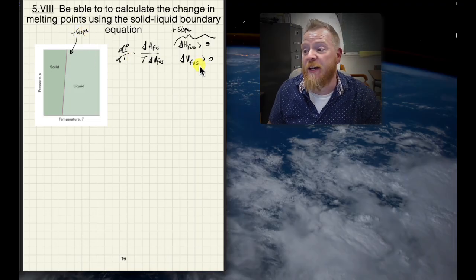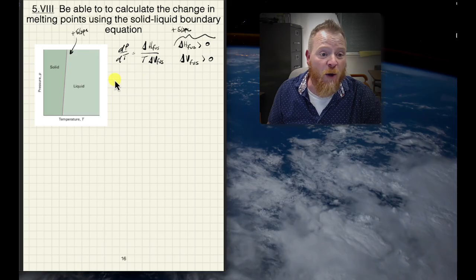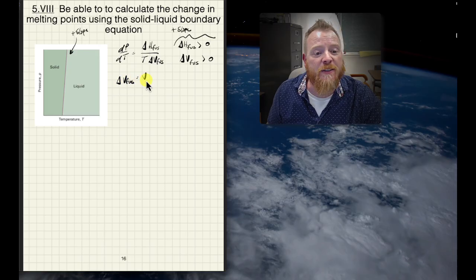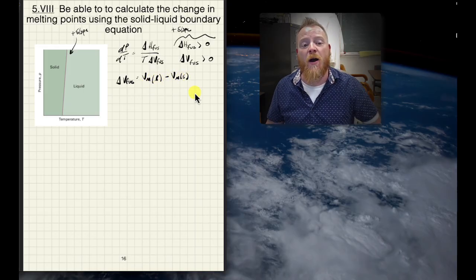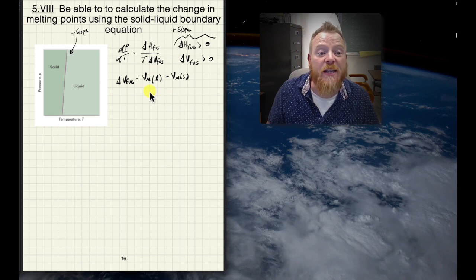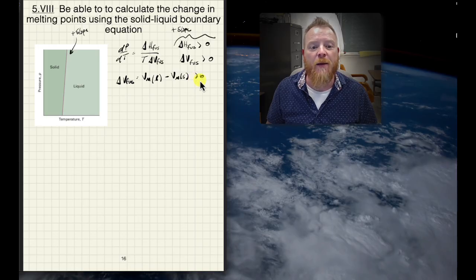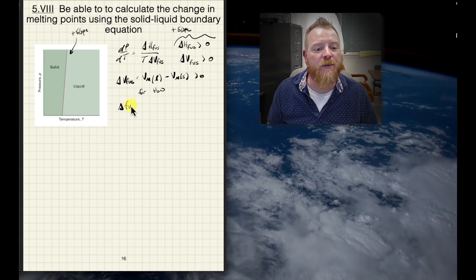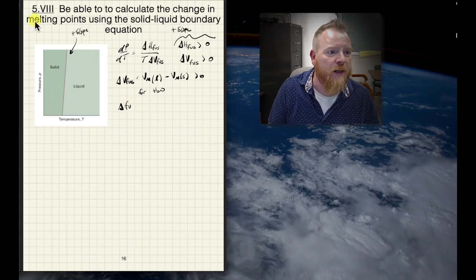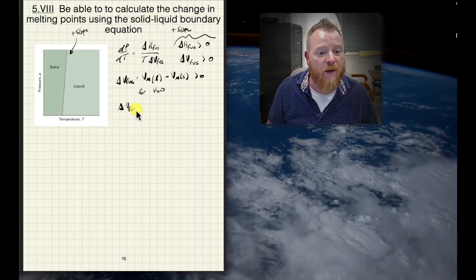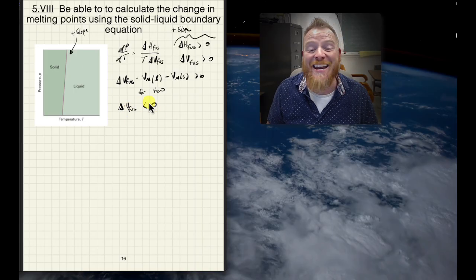And this delta V of fusion being greater than 0, if we suss that out a little bit, that would specifically be the molar volume of the liquid minus the molar volume of the solid. And again, for most things, the volume of the liquid is larger than that of the solid. But remember, for H2O, delta V of fusion is negative.